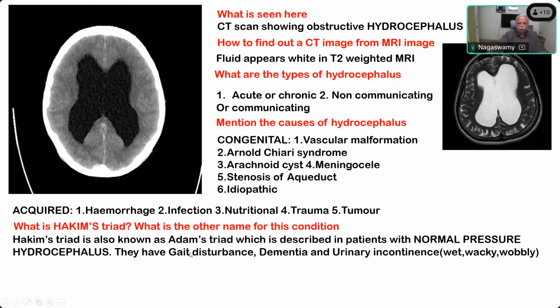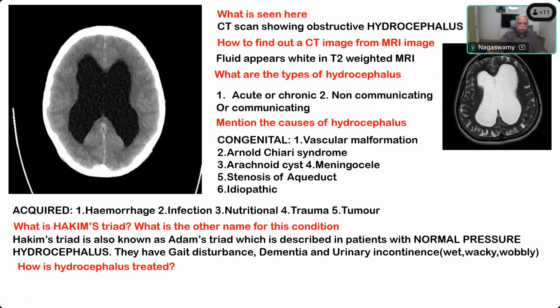They have three problems: gait disturbance, dementia, and urinary incontinence. Because they have urinary incontinence, they are wet, because they have gait disturbance, they are wobbly, and because they are demented, they are wacky. So this is normal pressure hydrocephalus, especially seen in elderly patients.